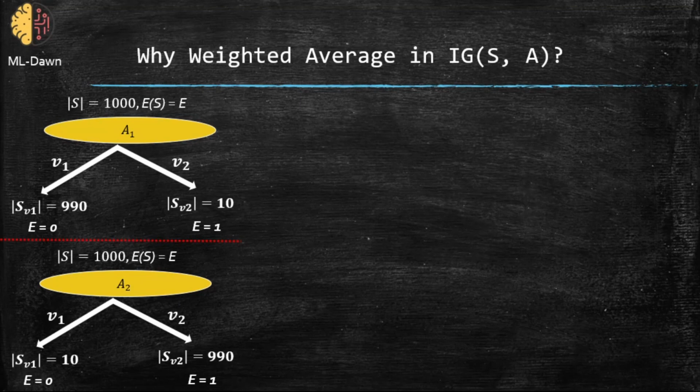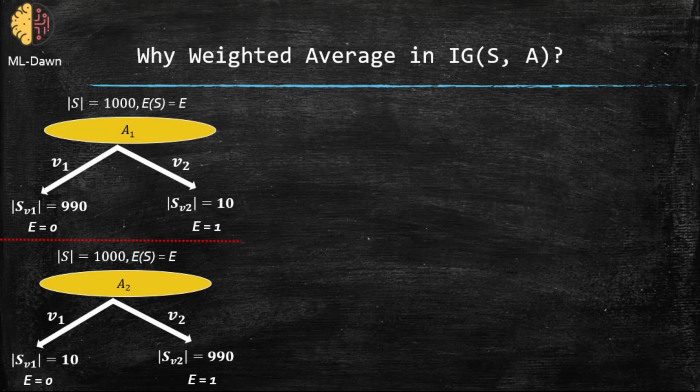But if we use attribute A2, on the left side we get a small set, but then again the entropy is 0, meaning that this is a leaf. On the right-hand side, however, we get a huge subset, and the entropy is 1. So the confusion is just absolutely ridiculous.